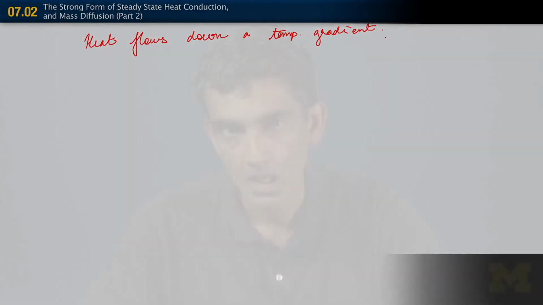So let me state that as well. Heat flows down a temperature gradient. That's what the Fourier law of heat conduction tells us, with the additional condition that C is positive semi-definite.